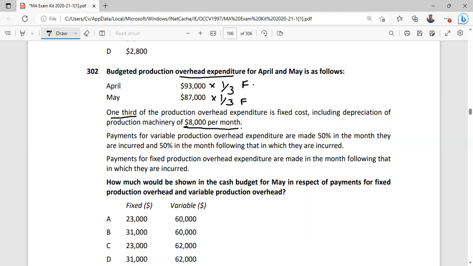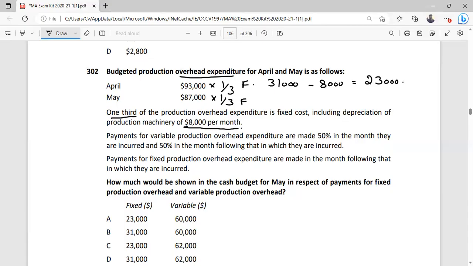And you will also subtract the depreciation of 8,000. You can calculate the value. It will be 20,000. Yes. For the month of May, it is the same, here we have 31,000 minus it.